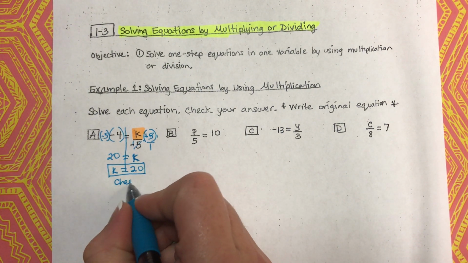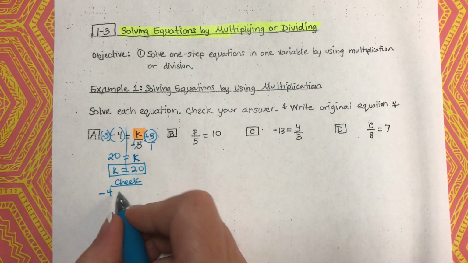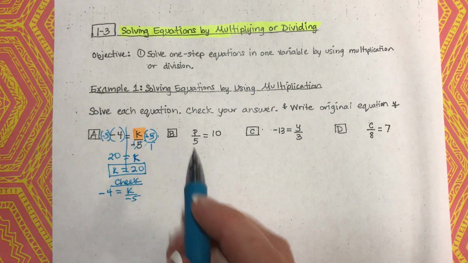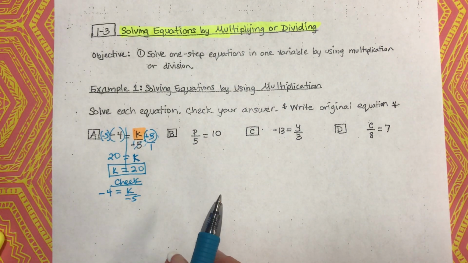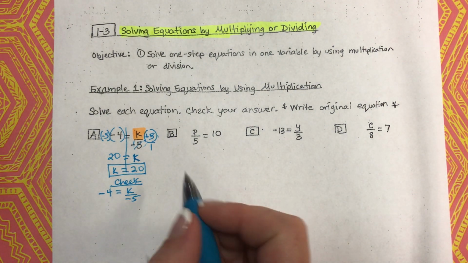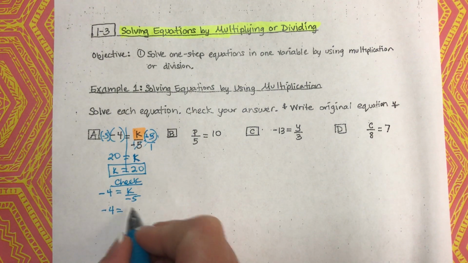Now we're going to go ahead and check our answers. So we're going to write that original equation, -4 equals k over -5, how it originally was. And then we would stick in this 20 for k. So we're going to substitute that value in.